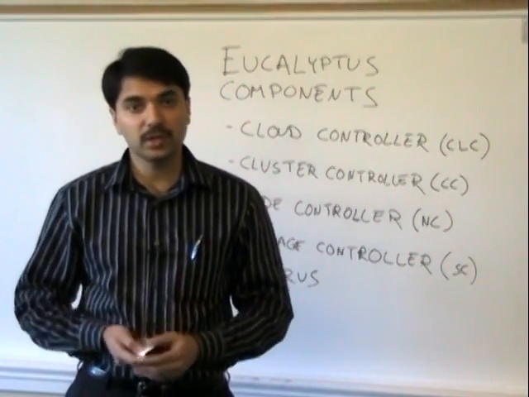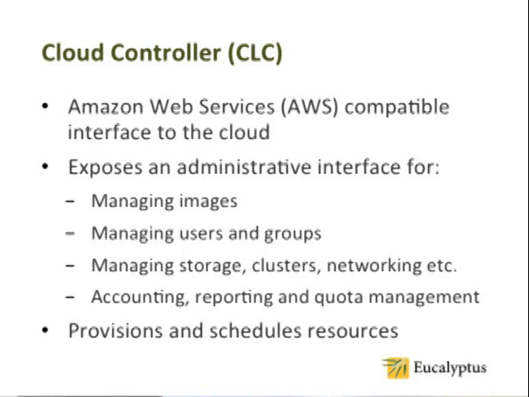To dig deeper into each of these components, first of all, the cloud controller, or the CLC, exposes an administrative interface for the administrators to be able to manage images. So the administrator can define what images need to be visible to which user, enable or disable images. The administrator can define groups of users.